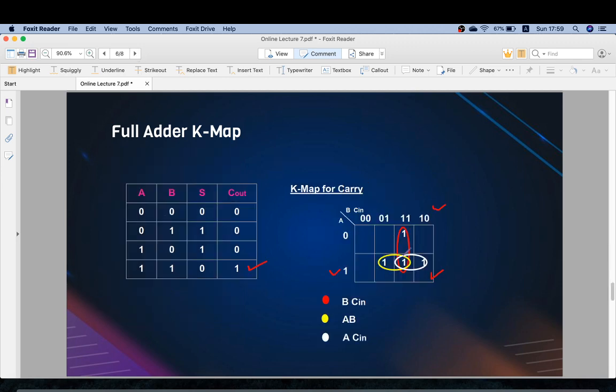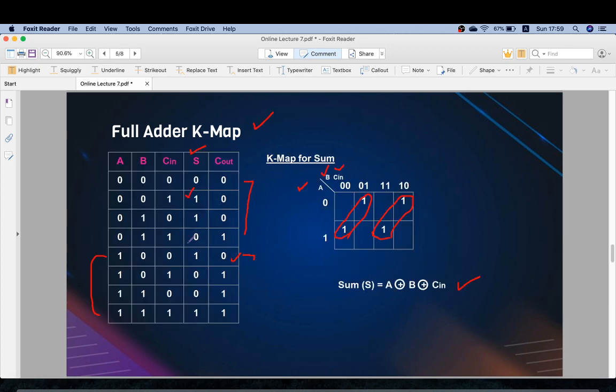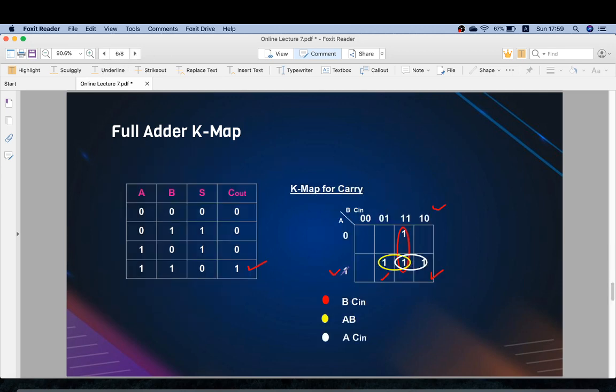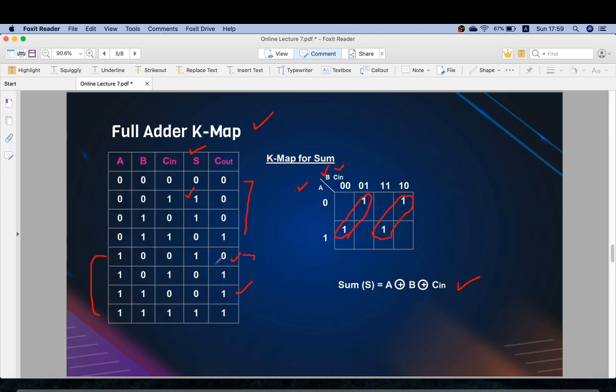So we will mark at 1, 0, 1. It's here. The third we will mark at 1, 1, 0. So that is 1, 1, 0. It's the same as previous. So we will mark triple 1.